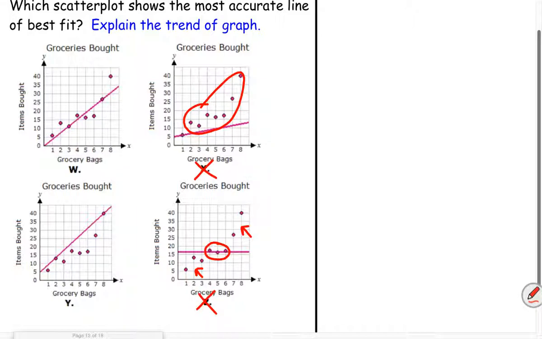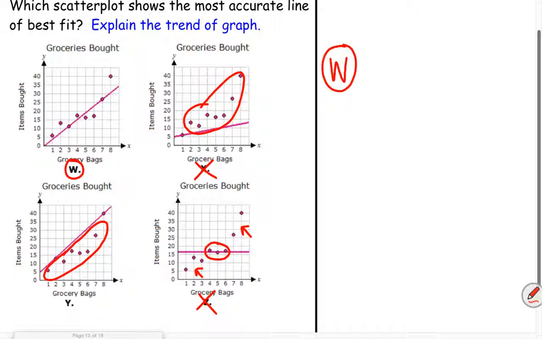So now we've narrowed it down to letter Y and letter W. Now look at which one has about the same amount of dots falling on both sides of our line. That would be letter W. This one has most of the dots falling below our line. We want them on both sides. So letter W has the most accurate line of best fit.